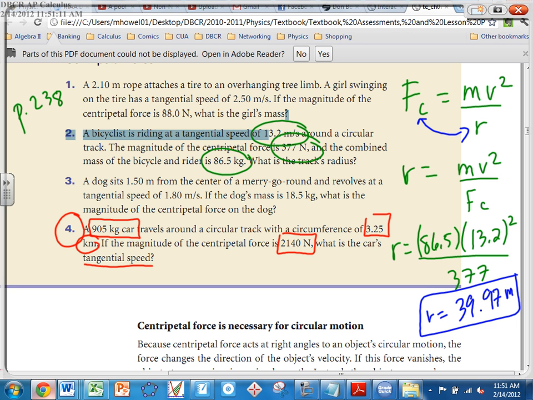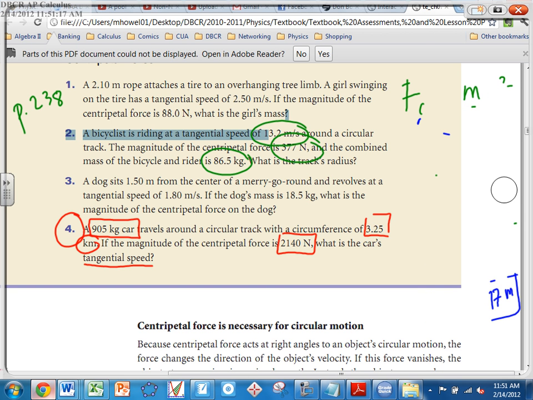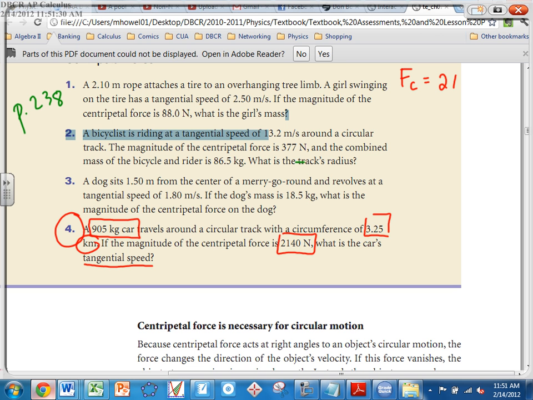So let's do this problem. I'm going to erase the last one now. So here, we got a few steps to go through. 3.25 divided by 2 equals 1.625 pi. That's our force.